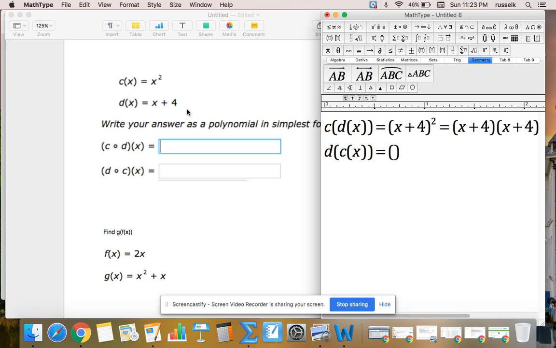So there's x plus 4, and now I'm plugging in the inside part. The inside part was c of x, so I'm plugging in x squared in the parentheses. In this case, I don't have anything that I need to square or combine. So my final answer is just x squared plus 4.